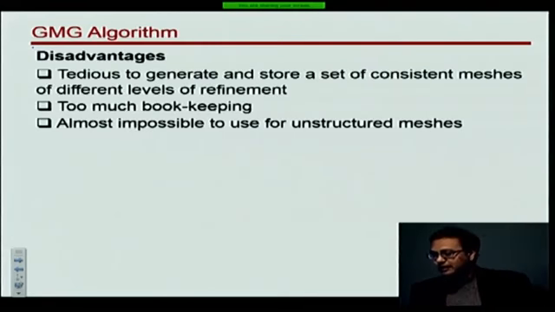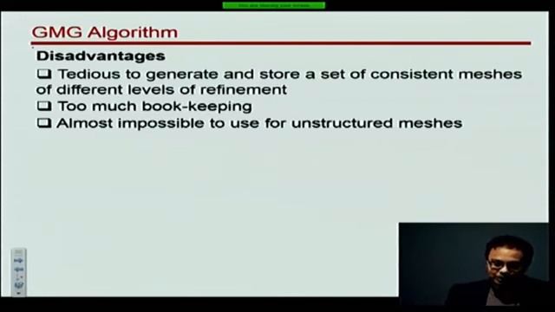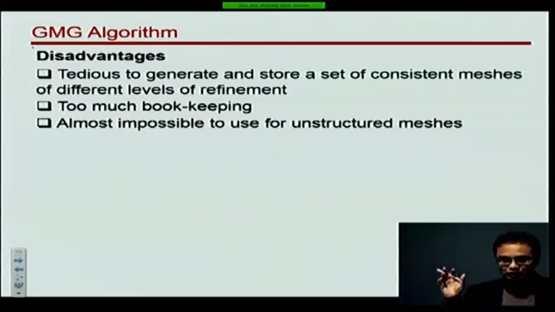One of the biggest ones is that you have to literally generate multiple meshes for the same problem, which is not always easily done. Meshes have to obey certain constraints so that you can seamlessly do the prolongation and restriction steps. In other words, the transfer of information between the fine and coarse meshes.